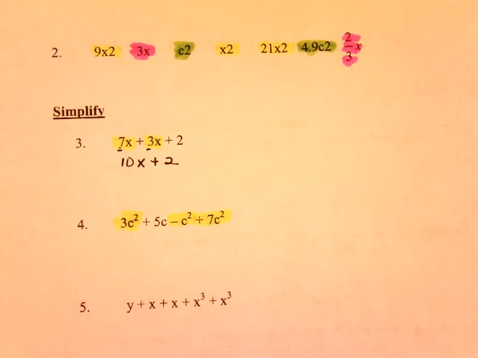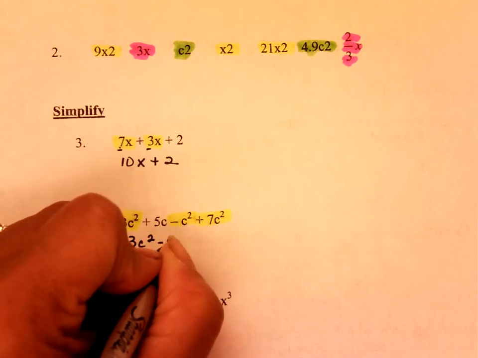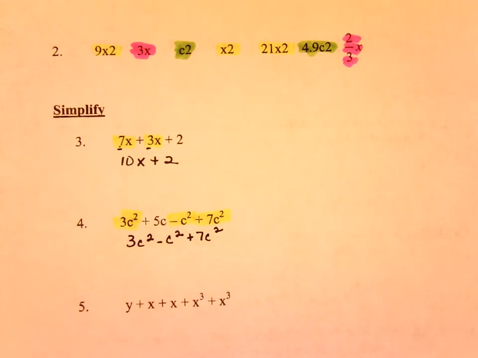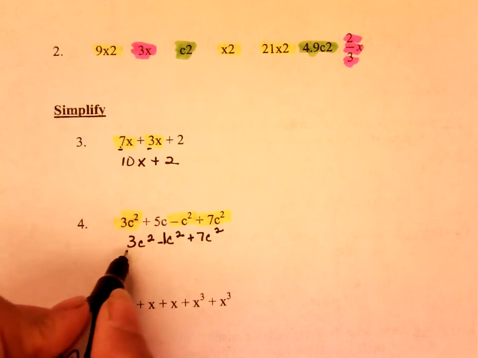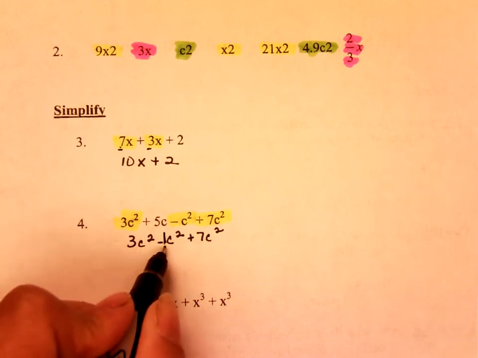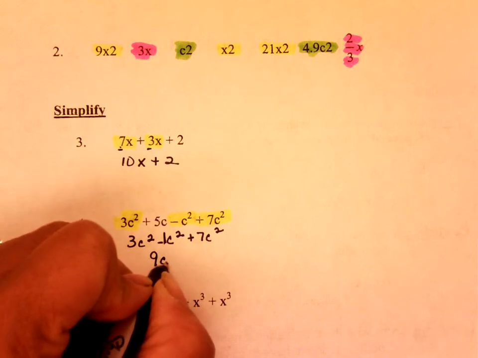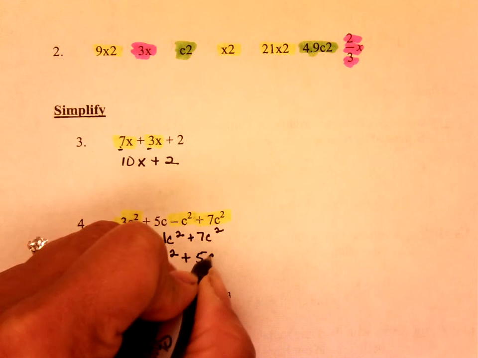So now really this problem is saying this: 3c squared minus c squared plus 7c squared. Remember there's an imaginary 1 in front of this. So 3 minus 1 is 2. 2 plus 7 is 9. So this is 9c squared, and what you're left with is plus the 5c. And there's your answer.